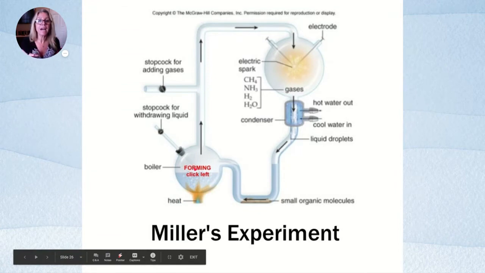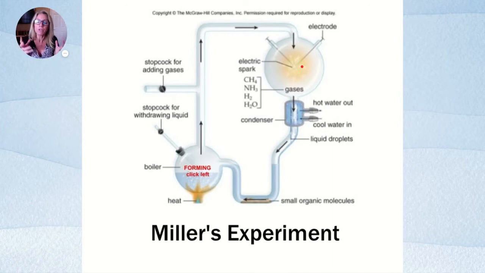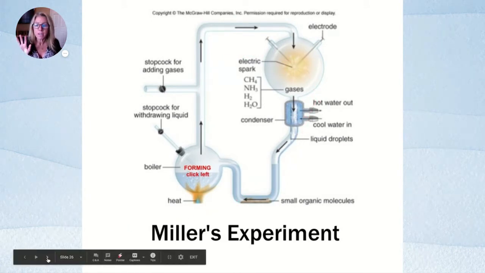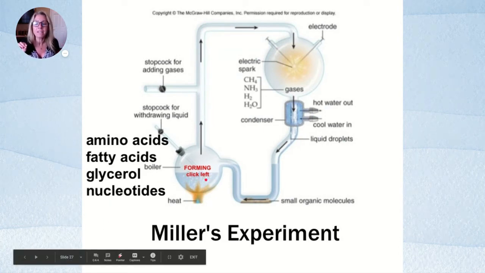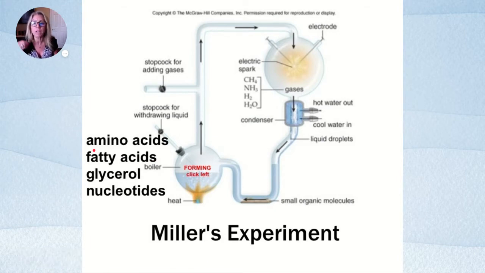And he put gases in this apparatus that were similar to gases that would come out of a volcano. And he circulated these gases, and literally, within less than 2 weeks' time, when he checked to see what was in this apparatus, he did build all those simple organic molecules like amino acids, fatty acids, glycerol, and nucleotides.